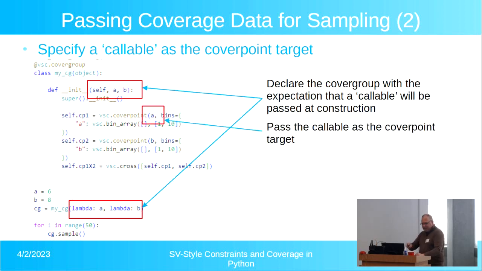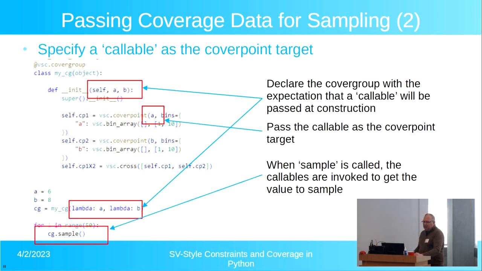So in this case, our A parameter to the cover group is a callable. And so when we call sample, the library will invoke the callable to get the proper value and then evaluate the coverage on top of it. This can be really helpful if you have some special logic, for example, fetching the proper value and massaging it before you return it back to coverage.